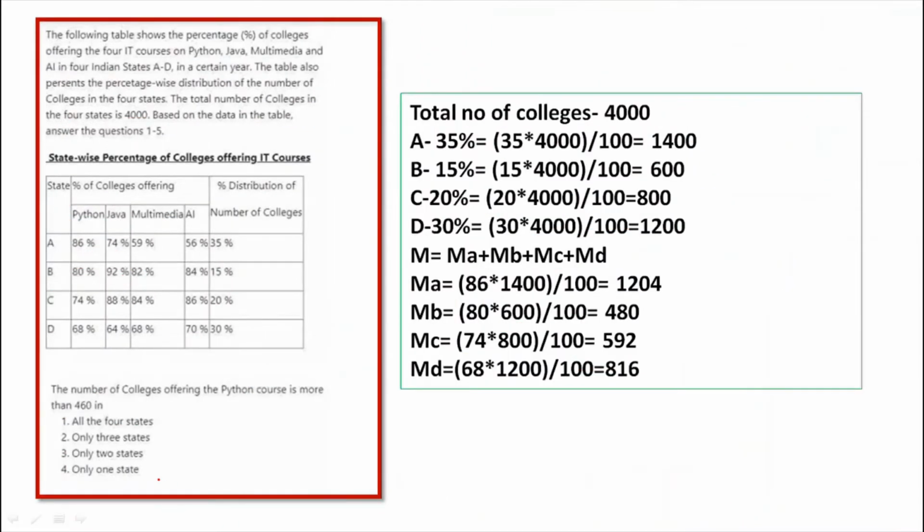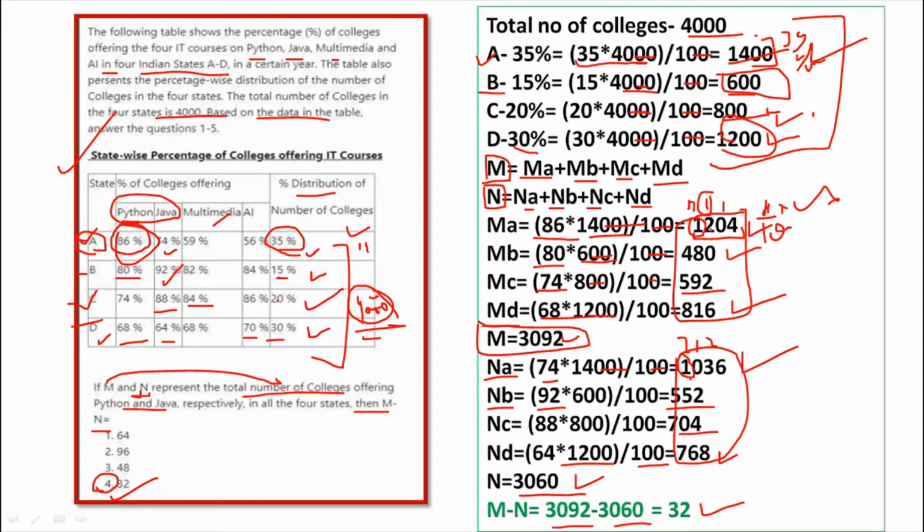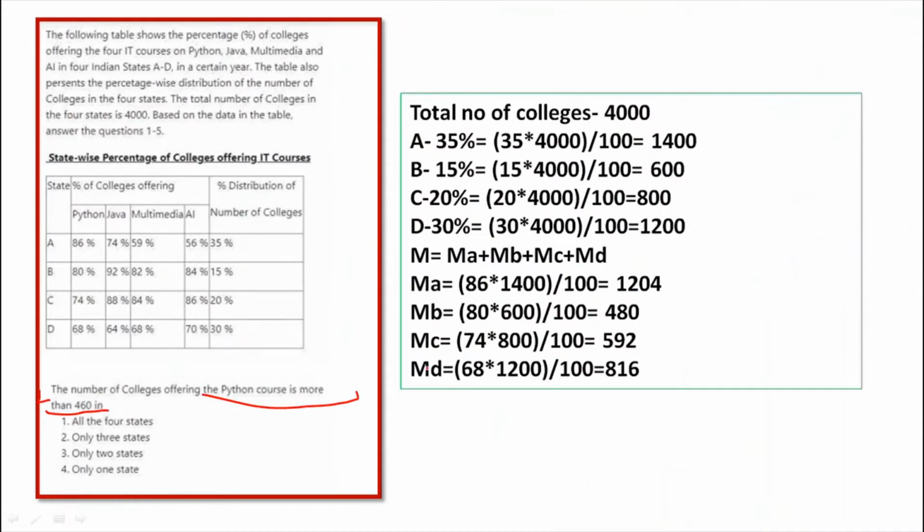Second question, we are asked whether the number of colleges offering the Python course is more than 460. We have already calculated the number of colleges offering Python, so we just copy it here.